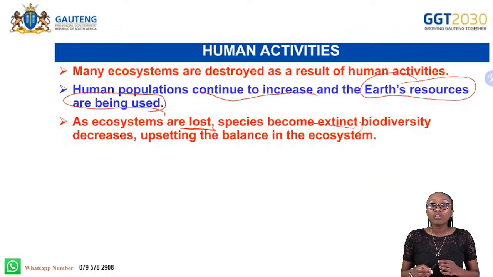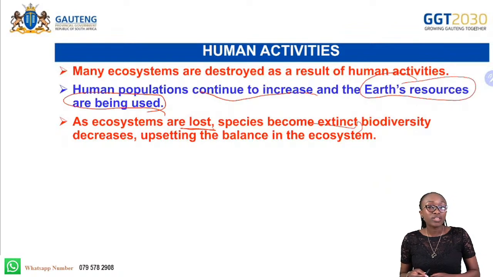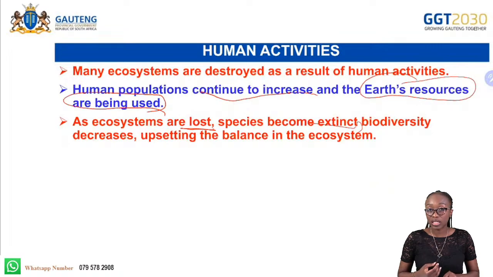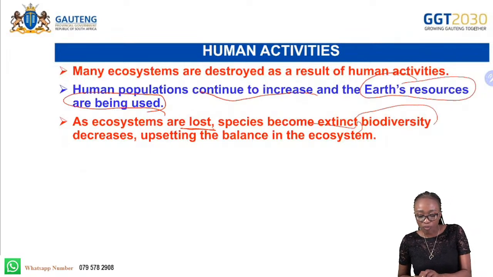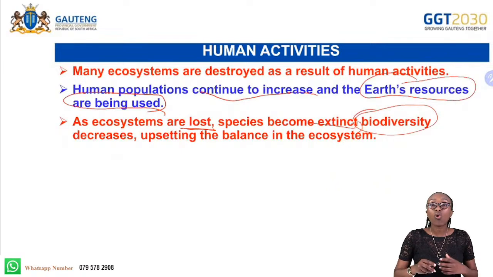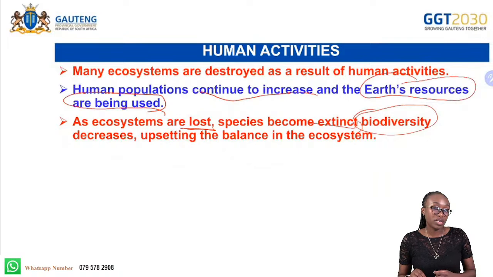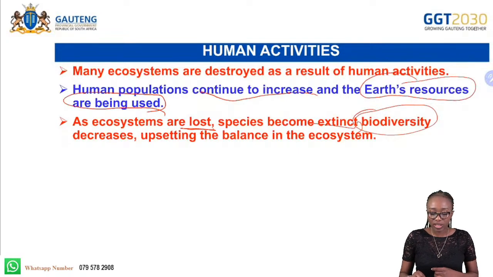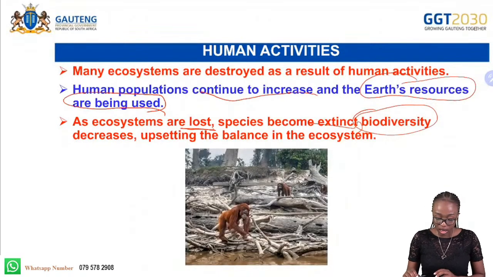Therefore, all these living and non-living things depend on each other. So there's an interdependence within an ecosystem, and that interaction is very important. If there's a loss of biodiversity, all of the organisms in that particular ecosystem are going to be affected.